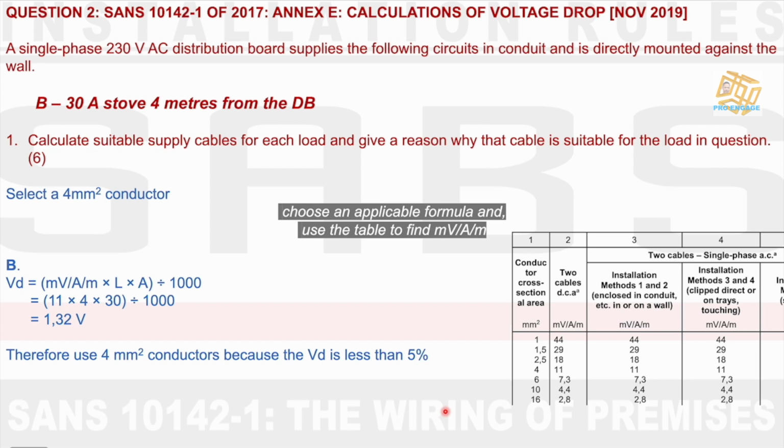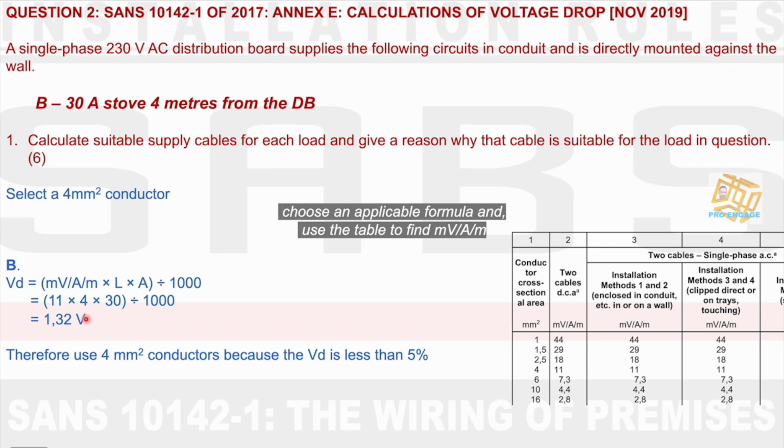Then I use the same formula, and I then go to my 4 millimeter squared wire, and I see here that I can use 11 as a value, times it by the distance, and then also times it by the current given, divided by 1000. I get 1.32 volts, and I'm happy with this. I say 4 millimeter squared conductors is used because the voltage drop is less than 5%. That's a great voltage drop value.